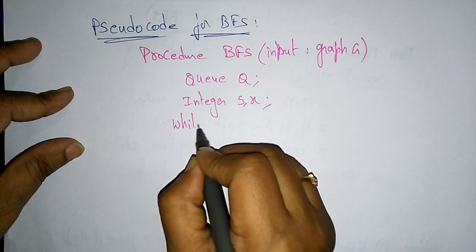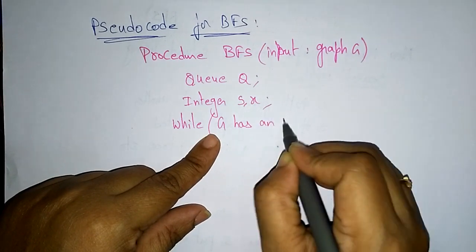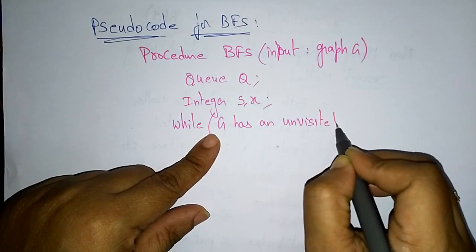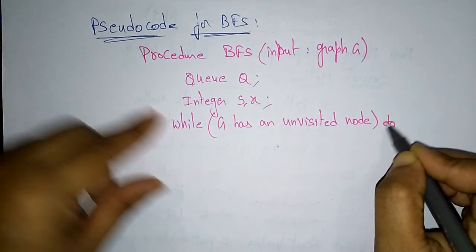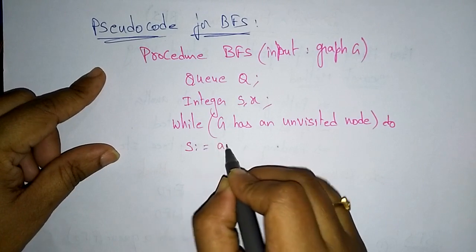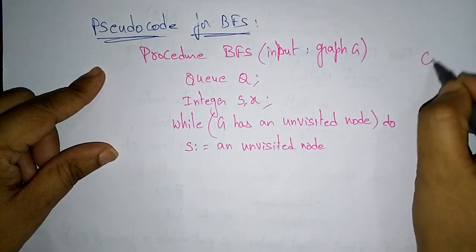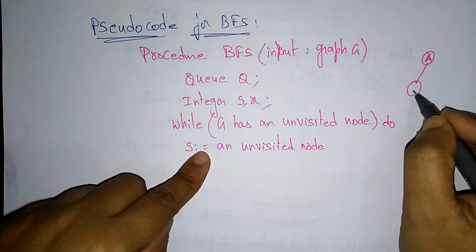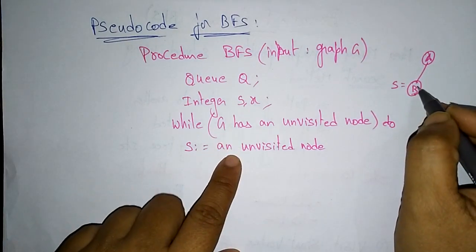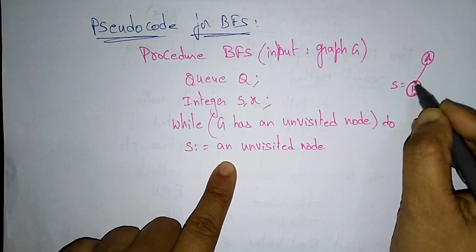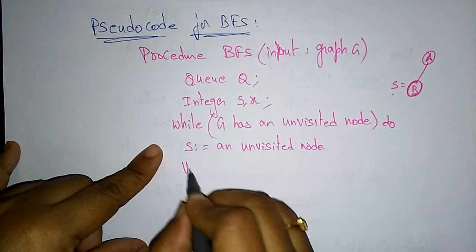Now, while G has an unvisited node, do s equal to an unvisited node. So if the graph G has an unvisited node, you assign this unvisited node to s, and you have to visit it.